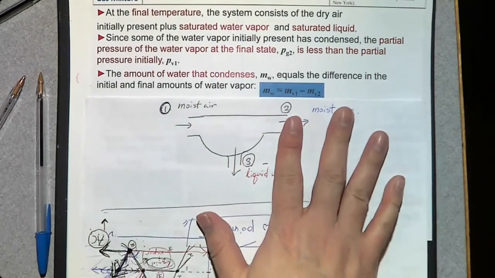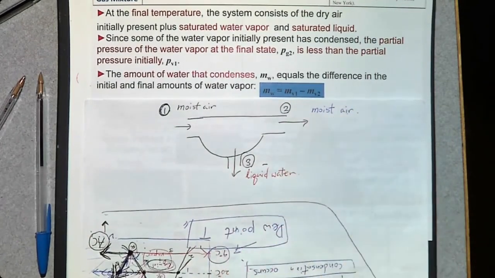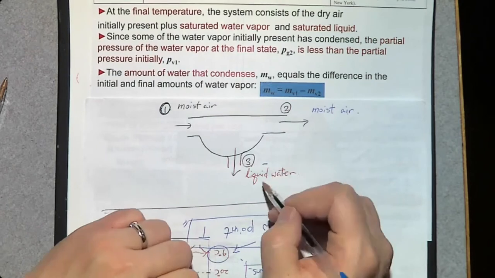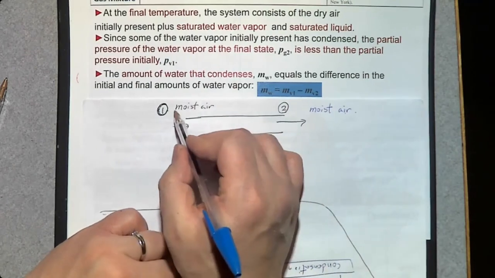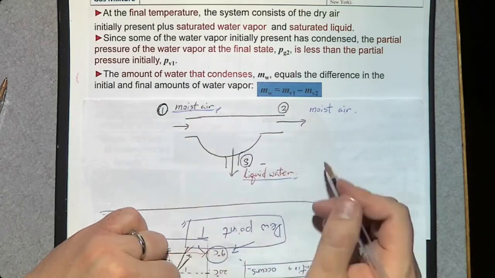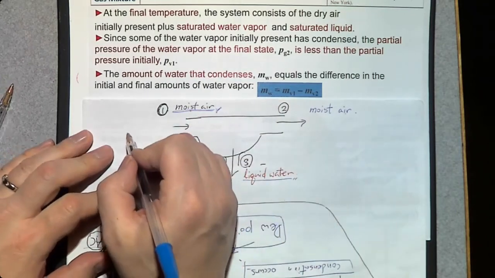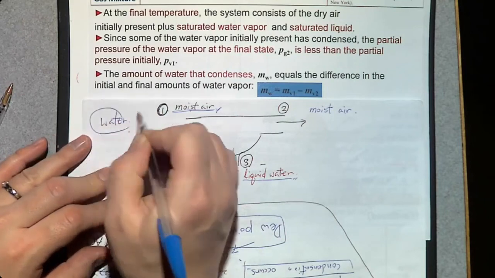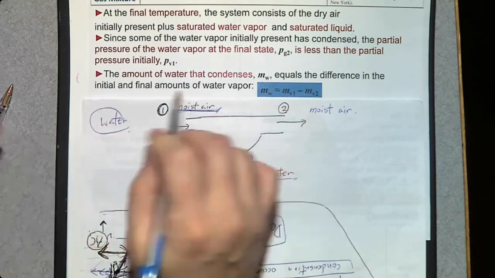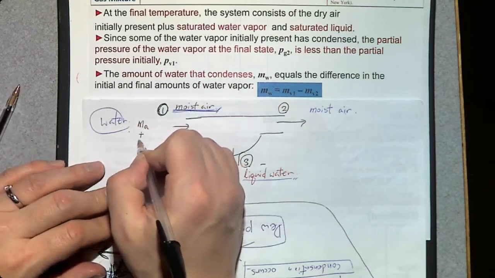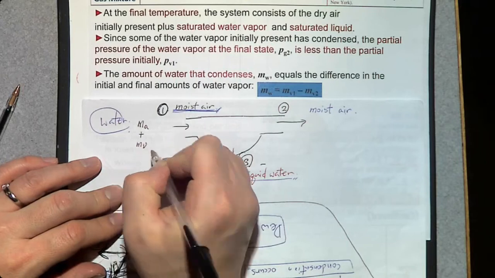So what kind of equation can we use? We can use the conservation of mass principle. The amount of liquid water should come from the water vapor in the moist air. So if we consider the conservation of mass principle for water only, at this inlet we have mass of dry air and mass of water vapor together.